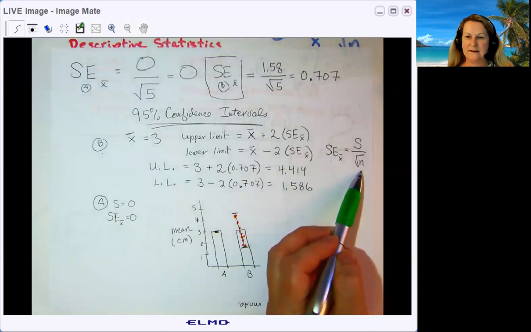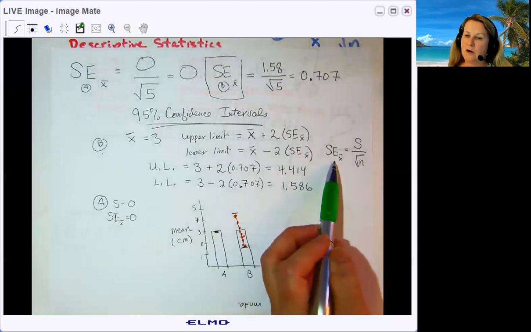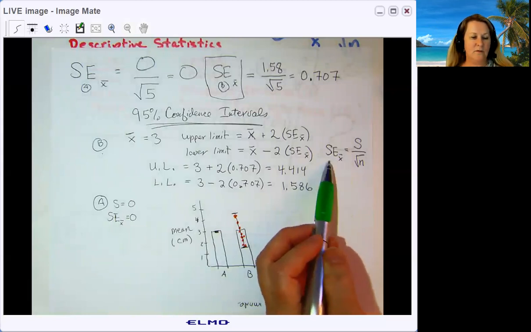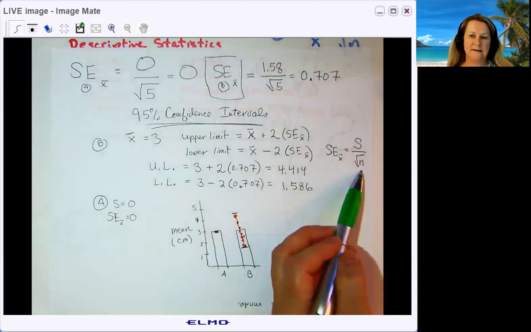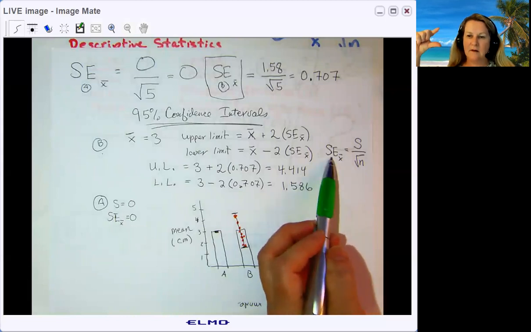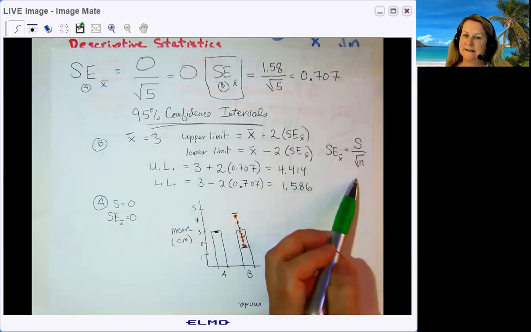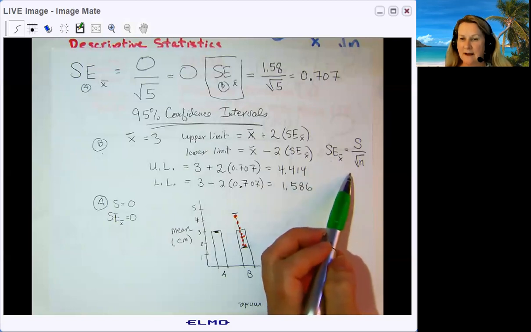In other words, the more data points you have in your data set, the smaller your standard error of the mean. Okay? So how could a scientist repeat their experiment to get a narrower range of data? Well, statistics tells us bigger sample size.